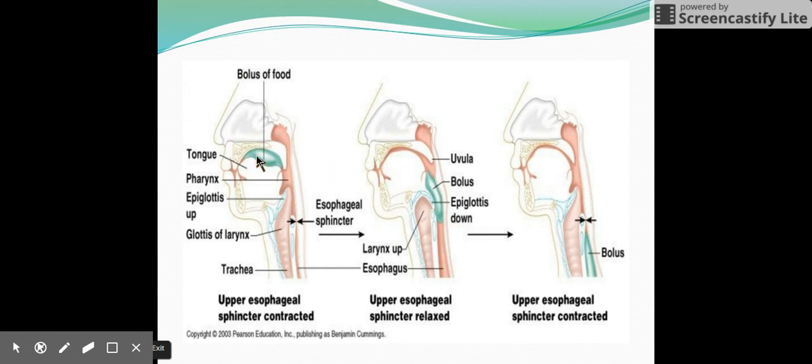So we have this swallowing procedure where the bolus is formed by the tongue pushing against the hard palate, and then kind of wave motions itself up against the soft palate to push that bolus of food to the pharynx, coming in contact with the uvula that drops the epiglottis into place over the esophagus and allows the food to pass into the esophagus. I'm sorry, I said the epiglottis passes over the esophagus. It passes over the trachea and the food passes into the esophagus.